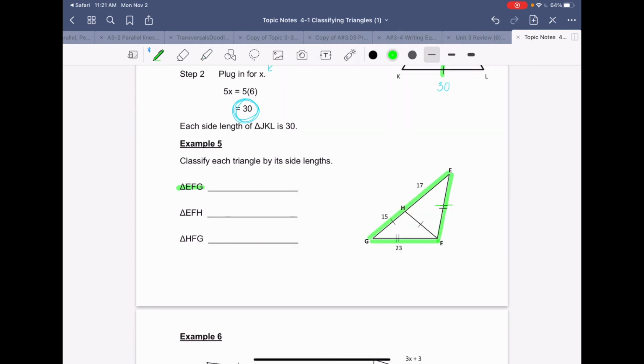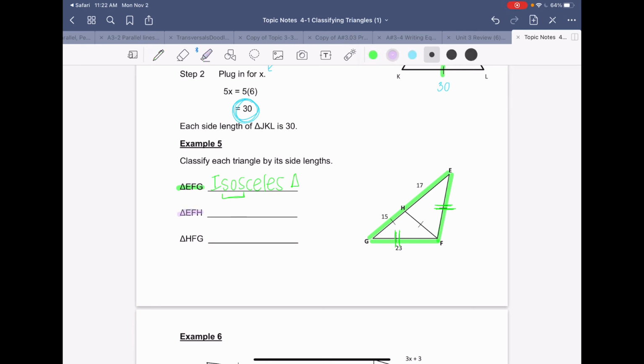We have these 2 tick marks and these 2 tick marks. But we don't have any tick marks on this side right here. So this allows me to know that EF is congruent to GF. So EFG is actually an isosceles triangle, because we have 2 of the same, 1 that's different.